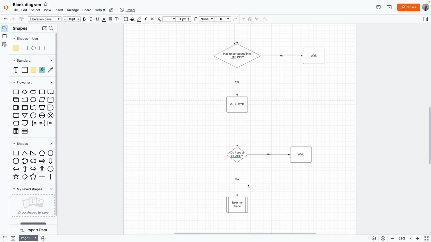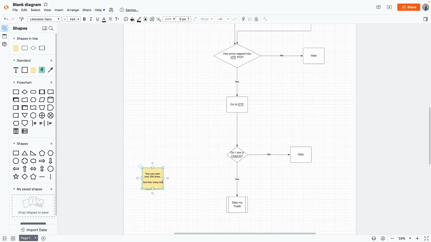All right, now we've created a simplistic plan. The thing is, we have to go test it and make sure that it works. So the goal is really to test your plan over 200 times.